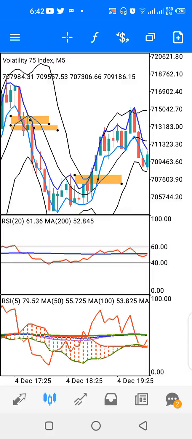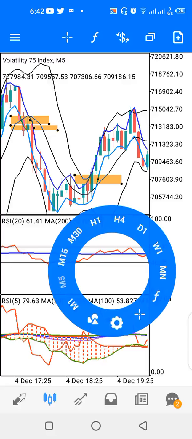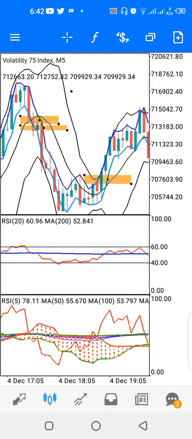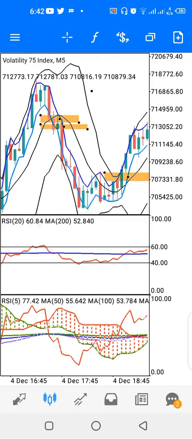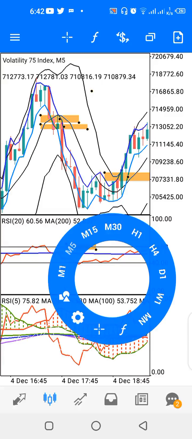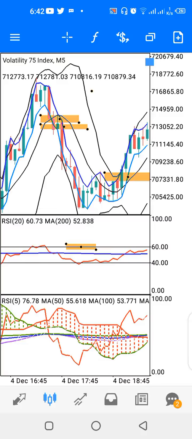So let's look at how that works. You can see the 60-40 levels. There's a 60, and there's a 40, forming an upper boundary and a lower boundary.